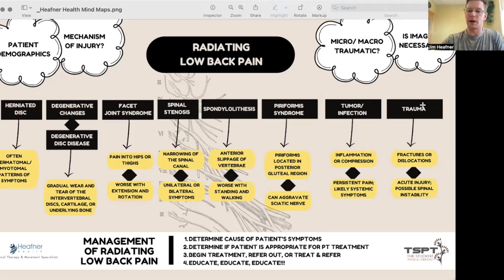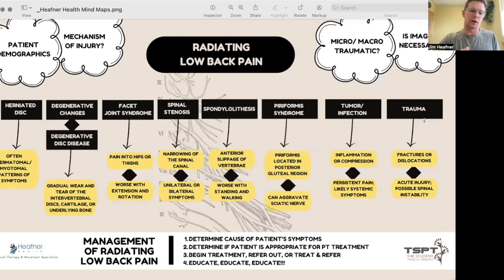Lastly here, trauma can be like a fracture to the spine, a fracture to the ligaments of the spine, dislocations. And with that, there's going to be some acute mechanism of injury, and then they might have some possible spinal instability. For traumatic injuries, I recommend referring out for imaging as well, because then we can get a more detailed approach of what's happening on the tissue level, how much rest, modification, or maybe surgical intervention they might need.